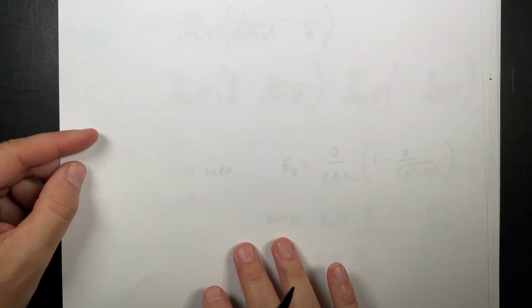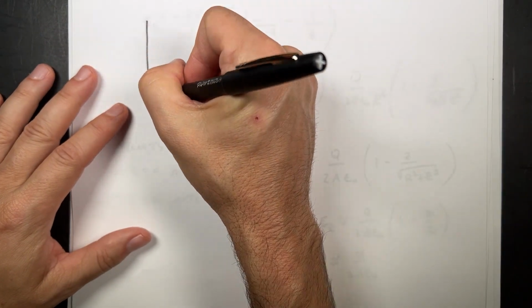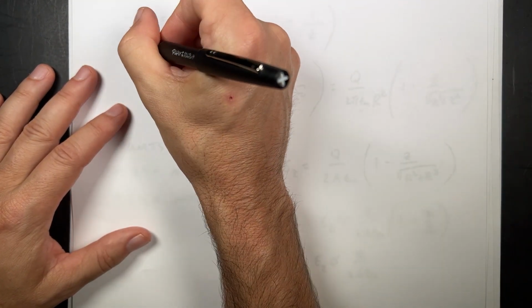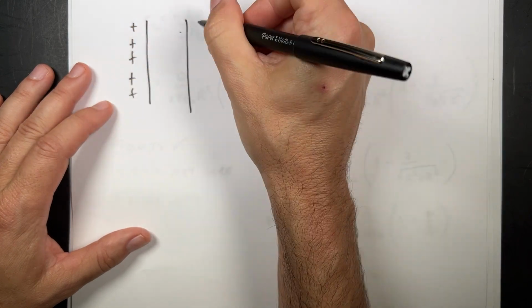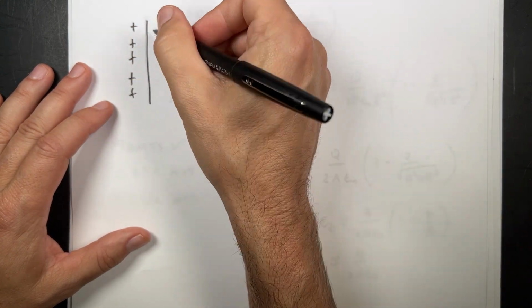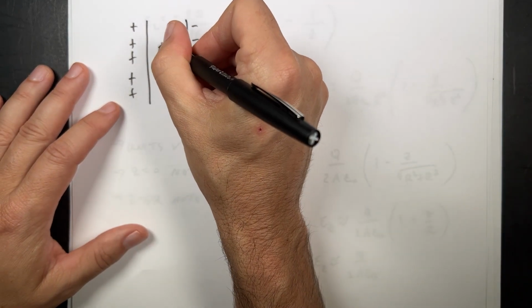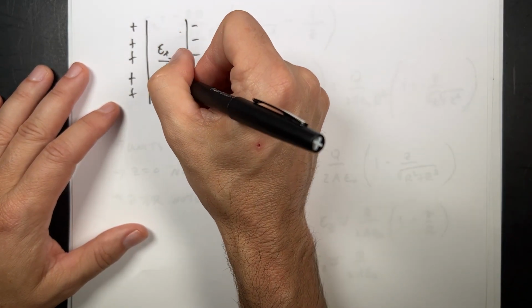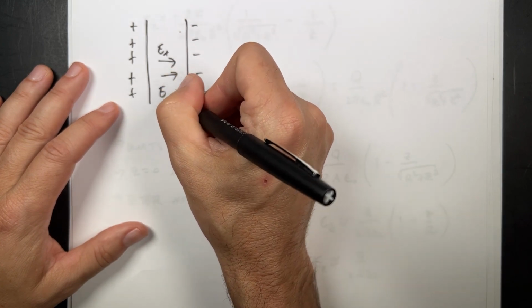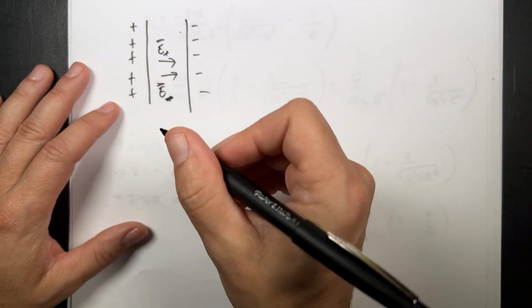Now we can do 2 plates. So if I say that one's plus and that one's minus, then I have the electric field due to the plus, E plus, and the electric field due to the minus, E minus. They're both vectors in the same direction.